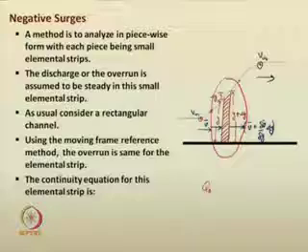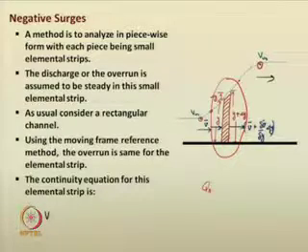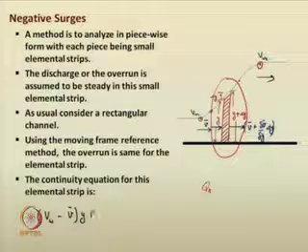So, on the left side, we can have V w minus V bar into y into the breadth of the rectangular channel. That is, the discharge based on the moving frame reference should be the same.